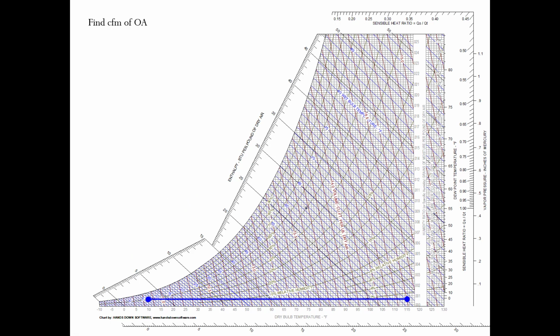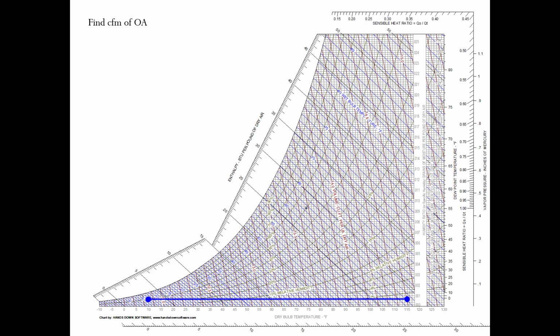So the next thing we need to do is find how many cubic feet per minute of outside air we're going to have to bring in that we're then going to heat up and supply to our space. We know we need to supply 115 degree air at 1,000 cubic feet per minute, but we need to figure out how much air we're going to bring in from outside, right? So what did we learn in class?